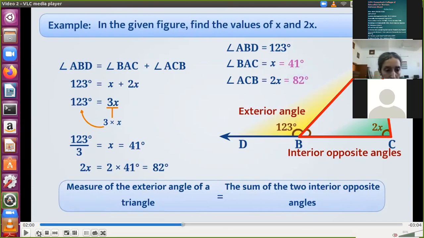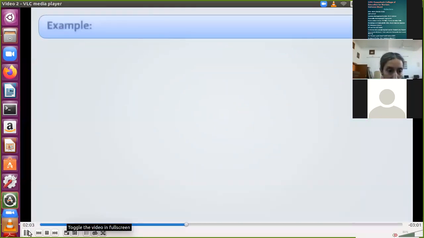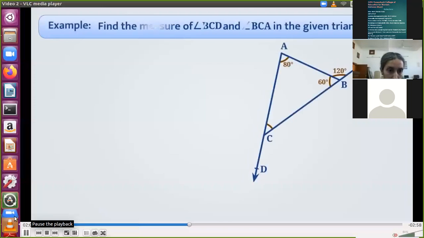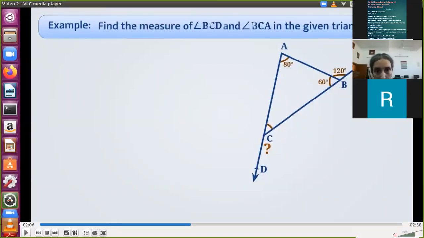So one more question we are going to do. The question is that you have to find the measure of angle BCD and angle BCA in the given triangle. So one by one, we'll start with angle BCD. So first of all, could you tell me what type of angle is angle BCD? Anybody?